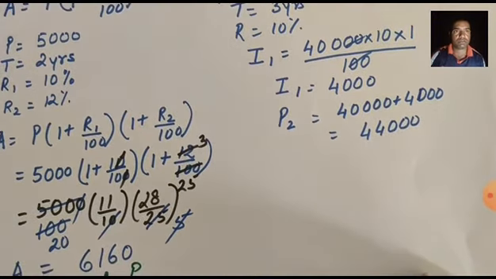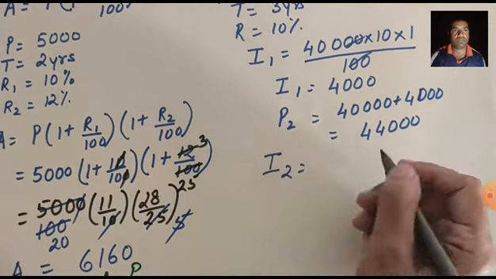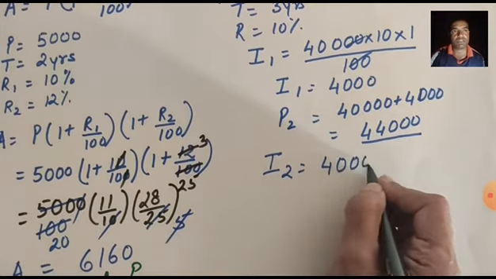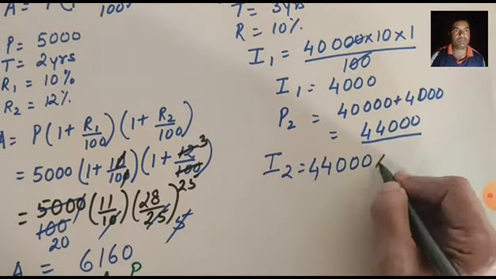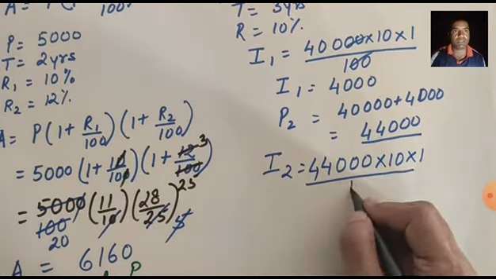So we got the P2. Then we have to find I2, that means the interest for the second year, which is PRT upon 100: 44,000 into 10% into 1 divided by 100.